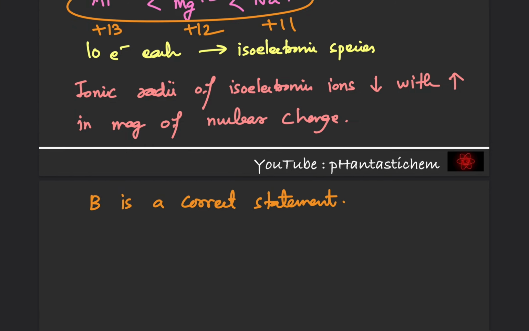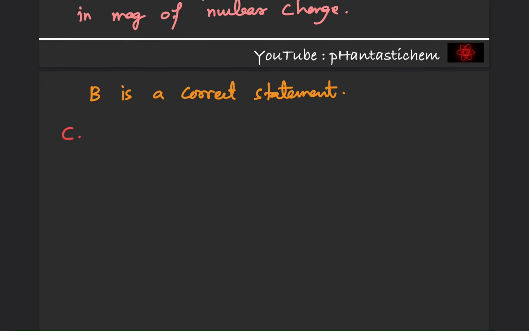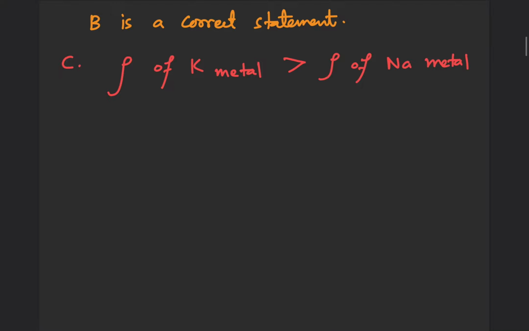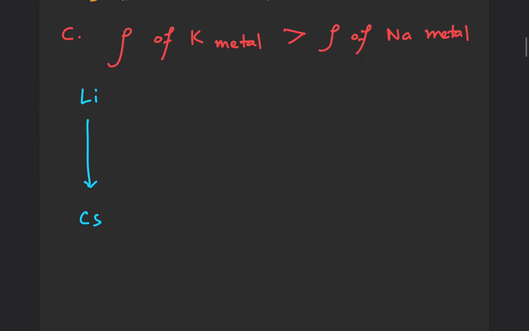Cool. Then we have to talk about statement C. Statement C says under identical conditions in solid state, density of potassium metal is greater than density of sodium metal. Okay, so as we move down the group from lithium to cesium, both atomic size and atomic mass increase.